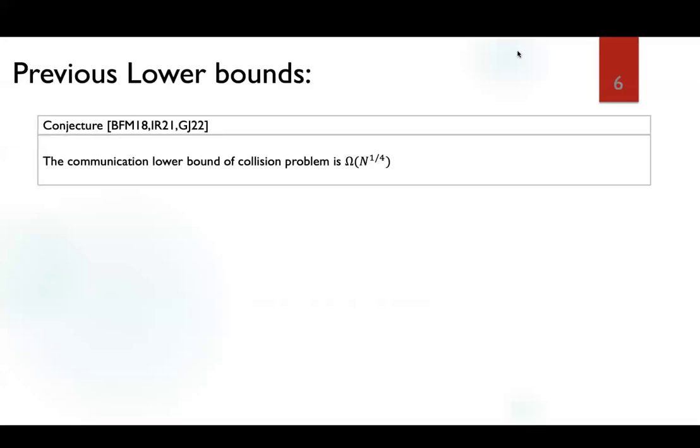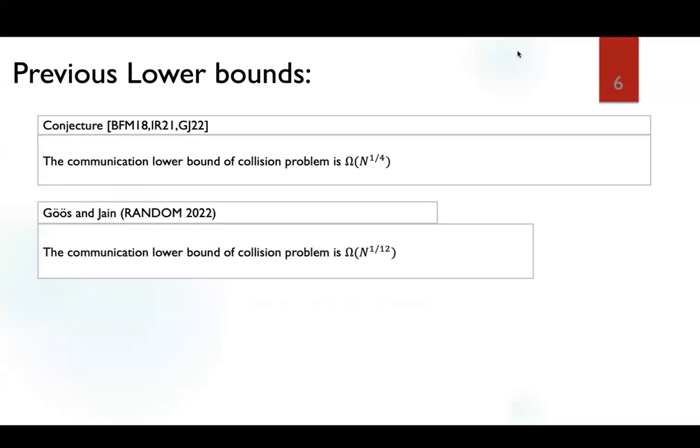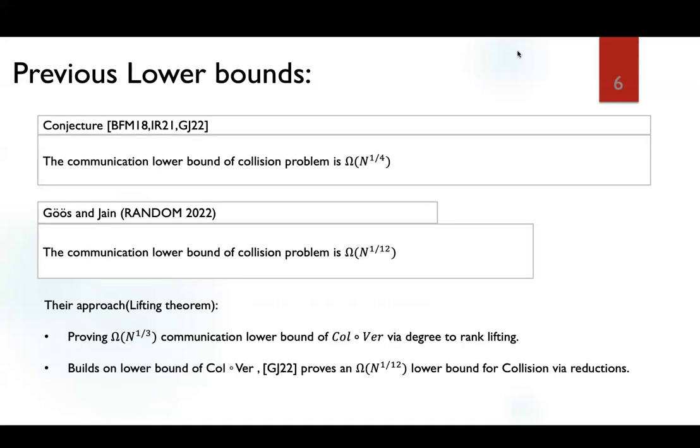Previous works conjectured that this simple protocol is optimal, but they only proved a weaker lower bound. They use a technique called query to communication lifting theory. In detail, they first prove communication lower bounds for a lifted function via degree to rank lifting.